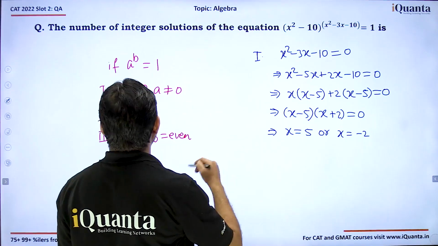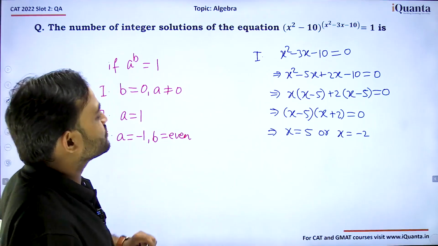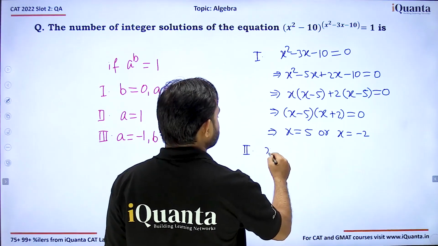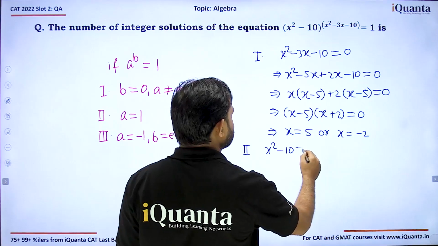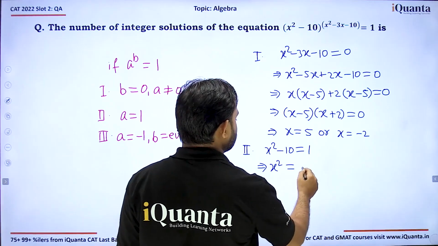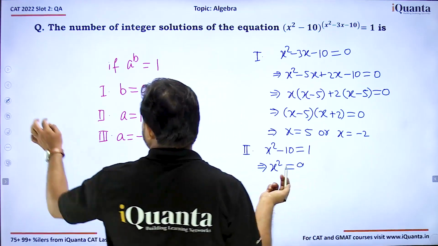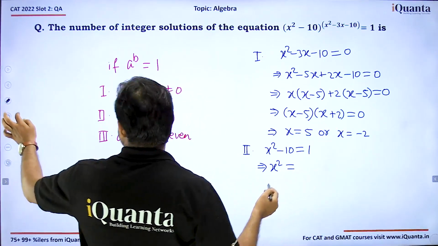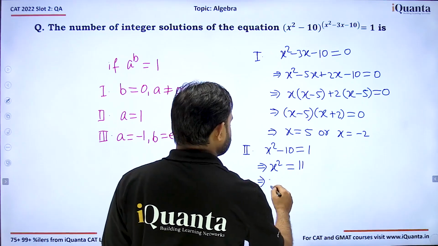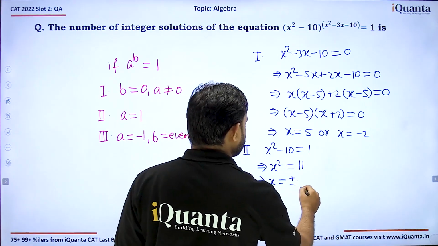Now in the second case, where a is equal to 1, so x square minus 10 is equal to 1, or x square is equal to 11, right? In that case we get x is equal to plus minus root 11.